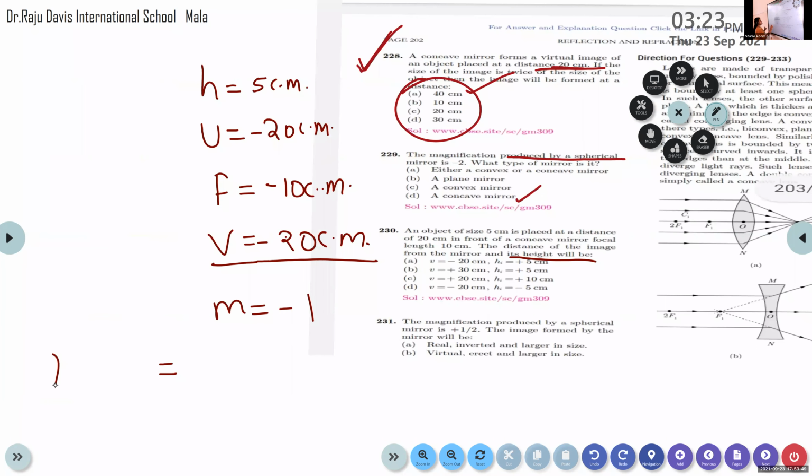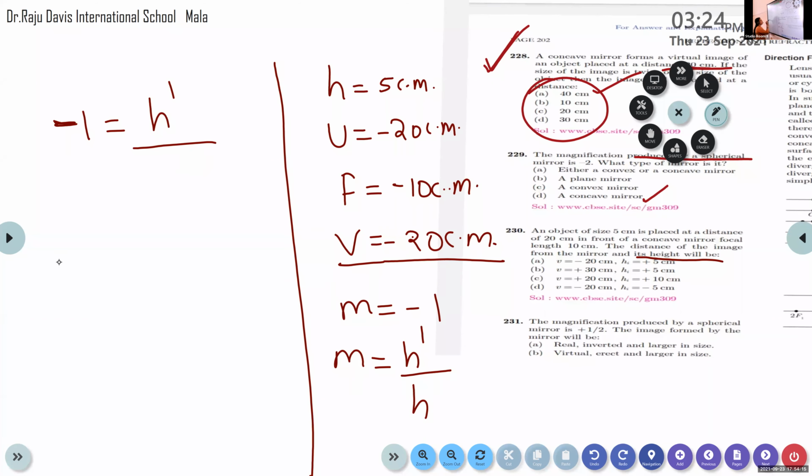And height of the object H is equal to 5, which implies H dash is equal to minus 1 into 5. What will be the final answer?